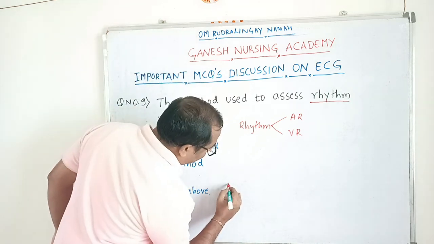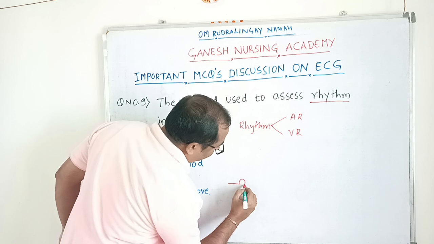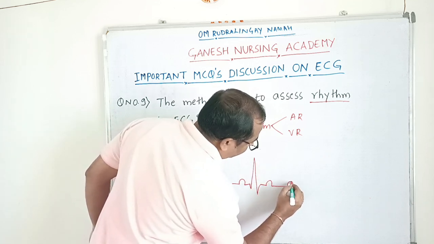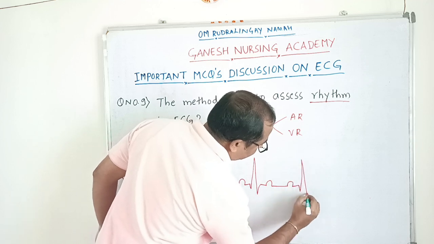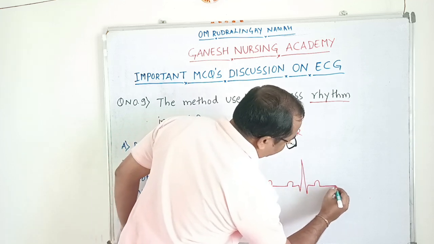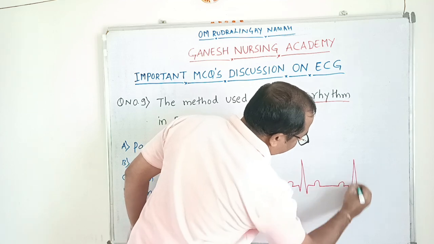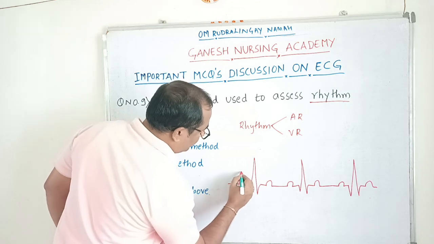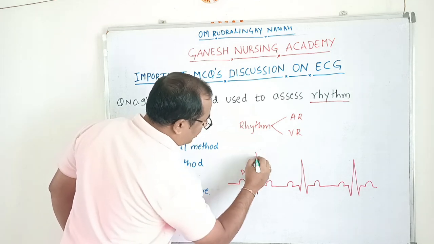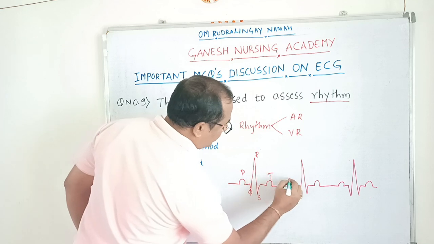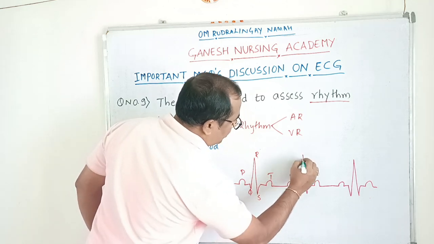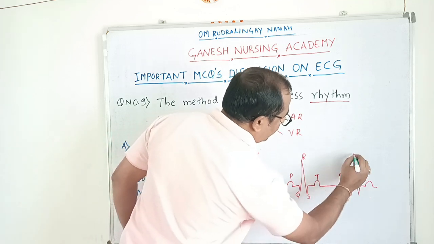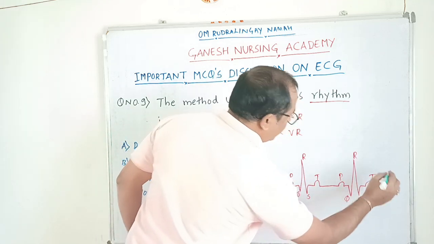Take an example: this is a P wave, QRS complex, T wave, P wave, QRS complex, T wave, again P, Q, R, S, T.